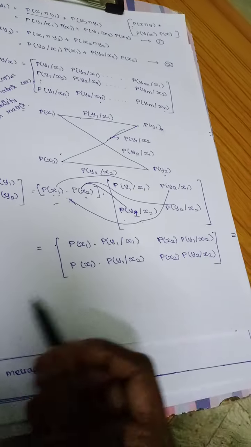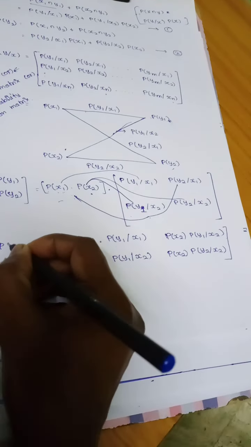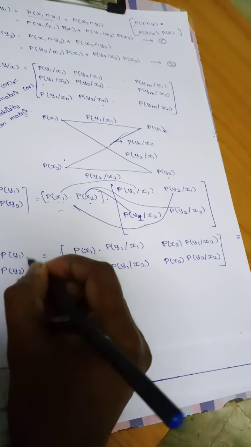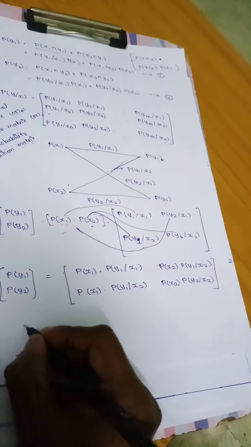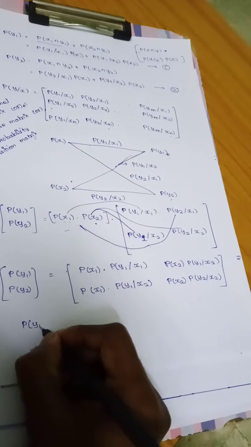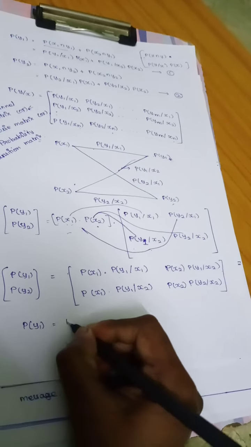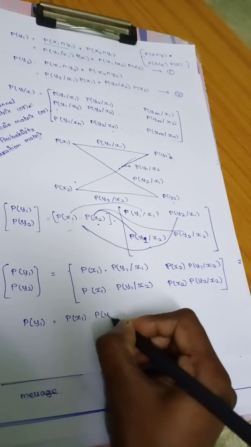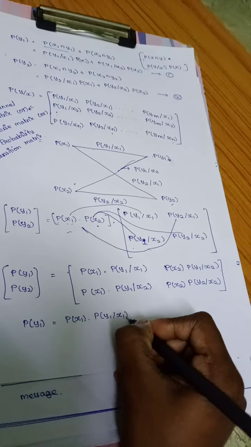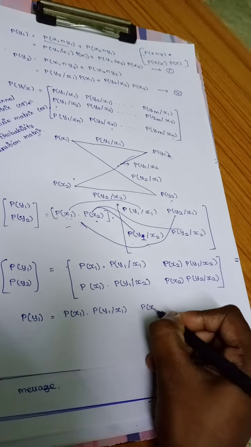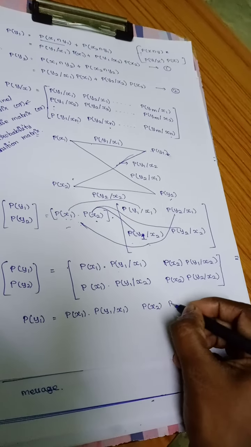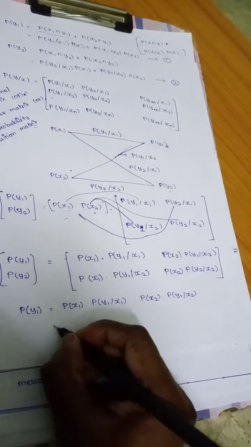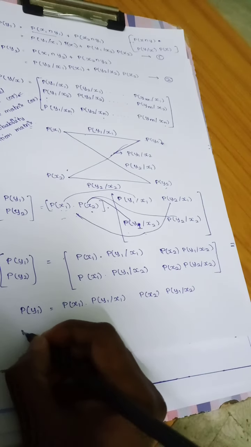And then now we will separate this term, that is P of y1, P of y2. If we separate, P of y1 is equal to P of x1 into P of y1 divided by x1, P of x2 into P of y1 divided by x2.